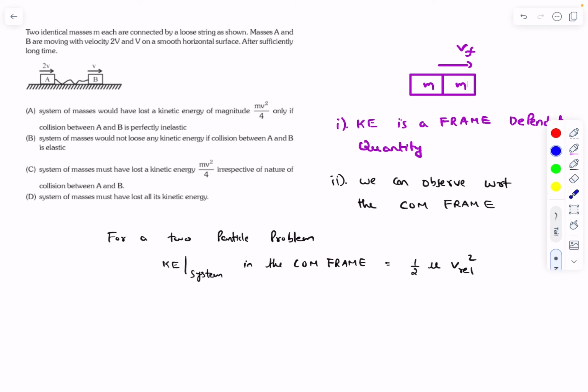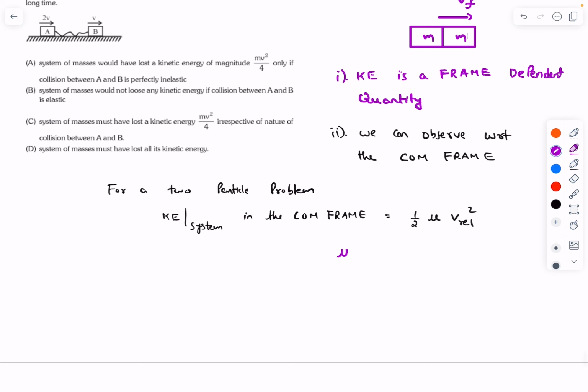All you have to do is find the velocities of the particles in the center of mass frame and do half mv squared for both particles, and then you'll get the kinetic energy of the system in the center of mass frame. The result is pretty neat: it is half mu vrel squared, and here mu is the product of masses divided by their sum.